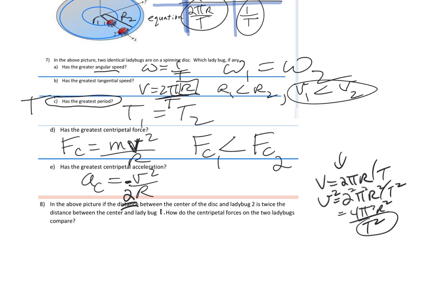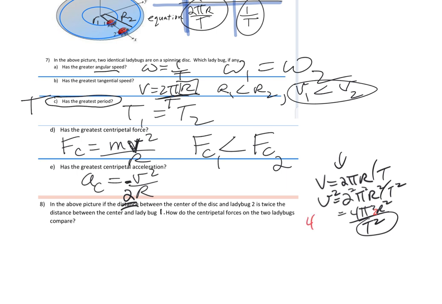Now if Ladybug 2 had double the radius, I'm just plugging numbers. Wow, this is getting messy, sorry. If I put a 2 right here, but the period is the same, so that doesn't affect it.